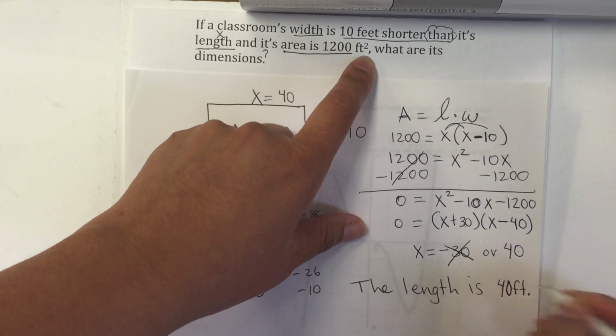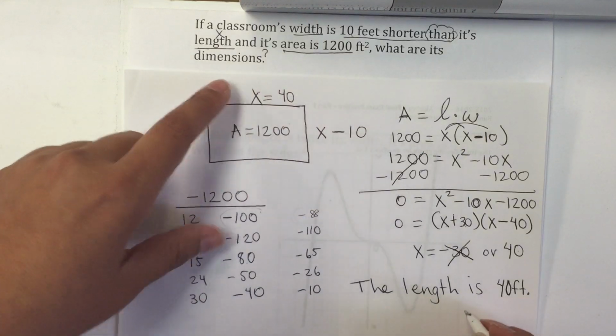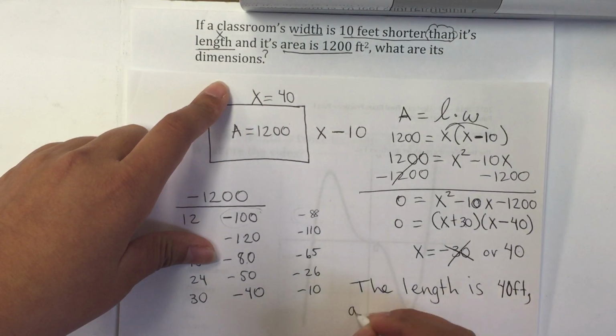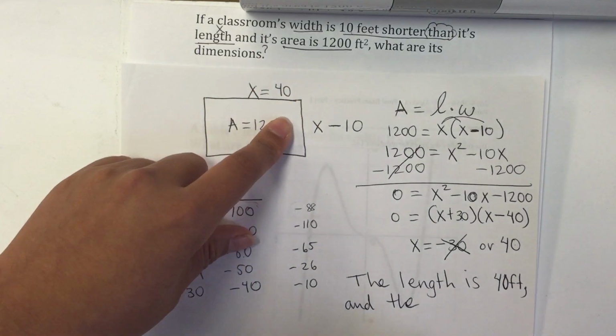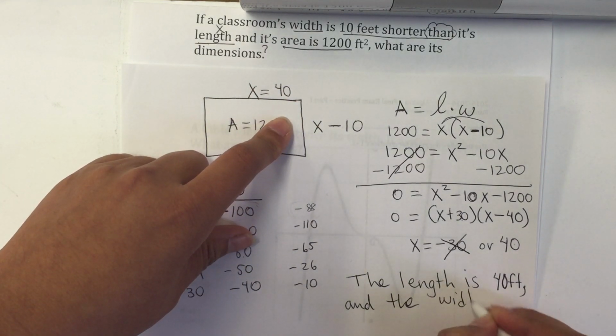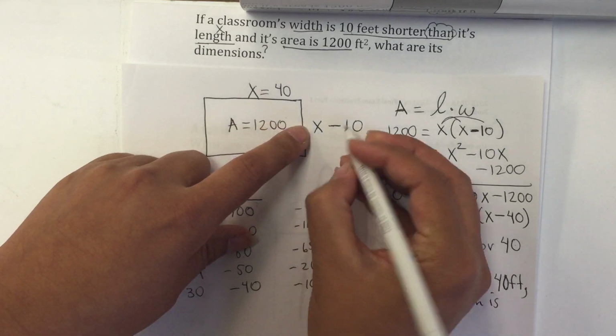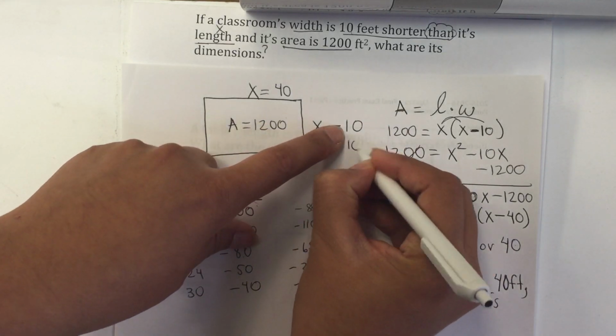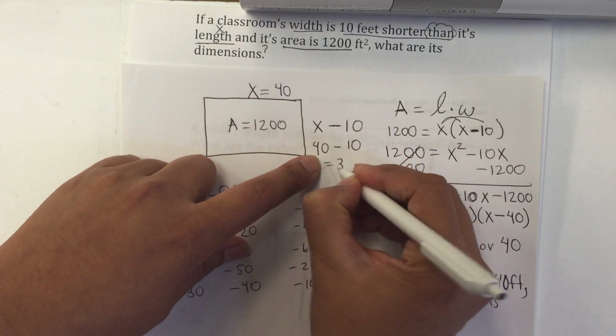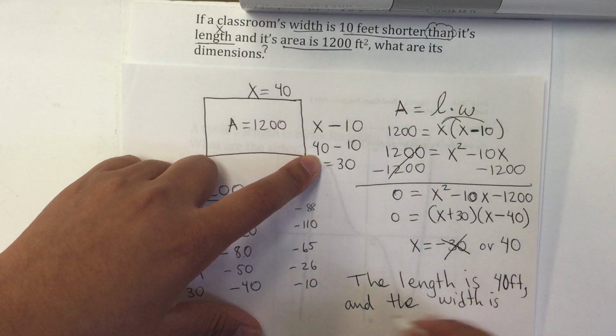Okay. And the width is, now if I plug in x is 40 minus 10, that equals 30. So 30 what?